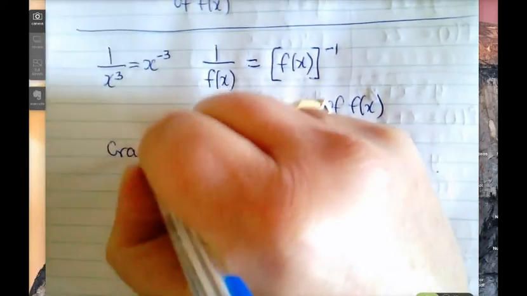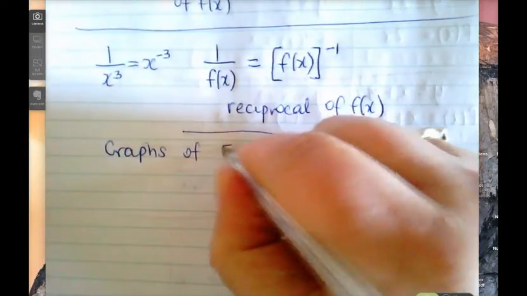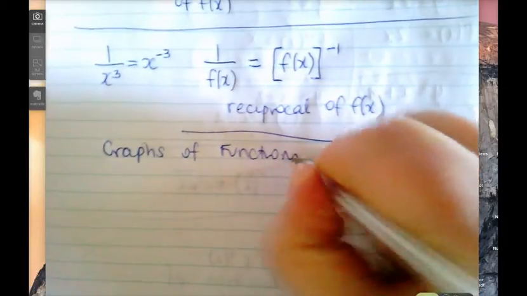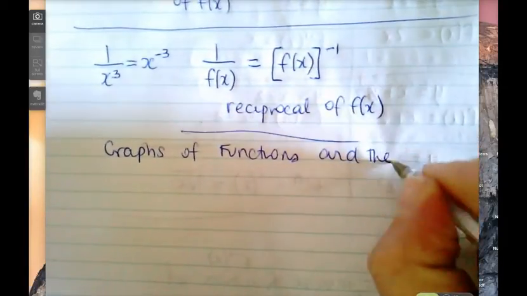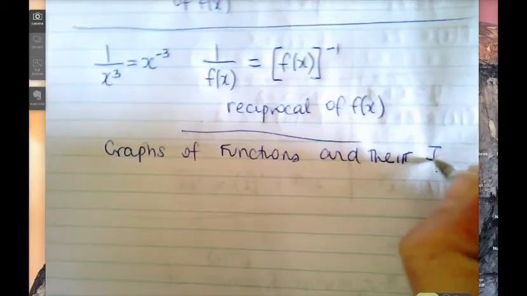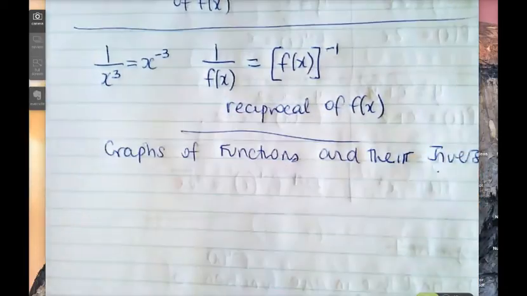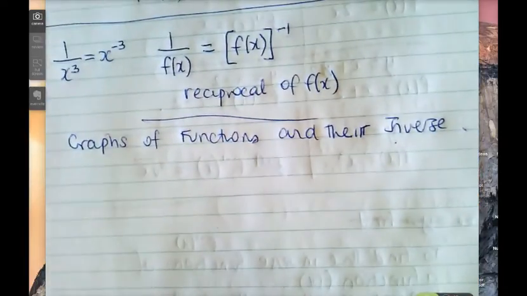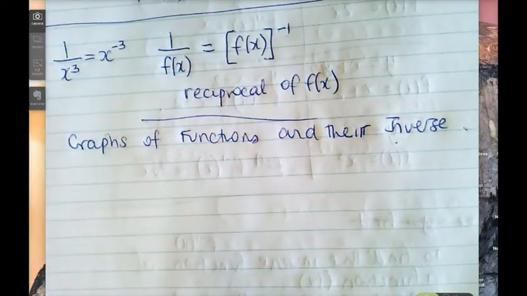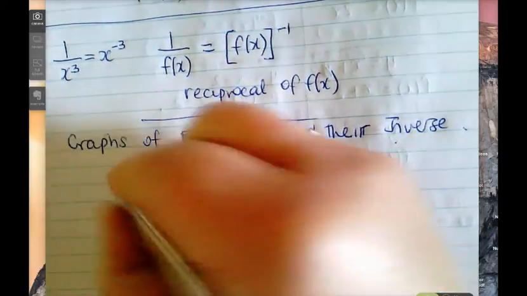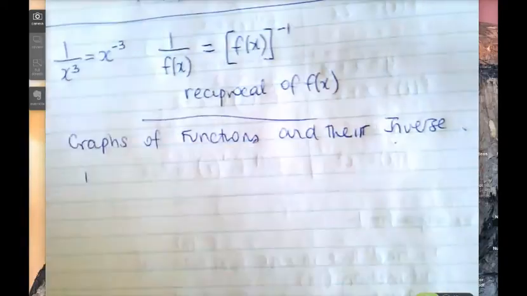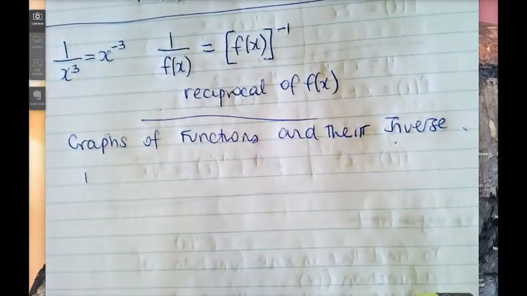So just a little heading: graphs of functions and their inverse. You already know how to graph. If I give you the graph of a function and ask you to graph its inverse. Actually, girls, you know how this is called inverse functions? Sometimes when we graph the inverse, it's not always a function.